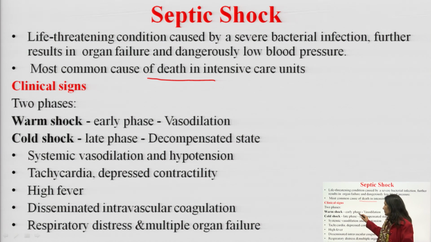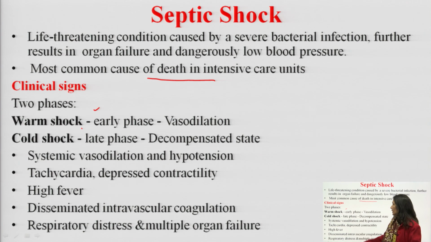So, what are the symptoms? It basically occurs in two phases, warm shock and cold shock. Whenever there is infection, there is a high fever, so the first sign is fever. The early phase is known as warm shock, with high fever and vasodilation, and cold shock is the late phase, that is the decompensated state.